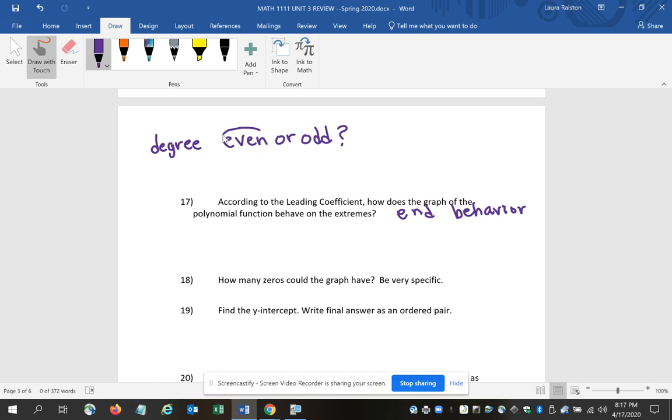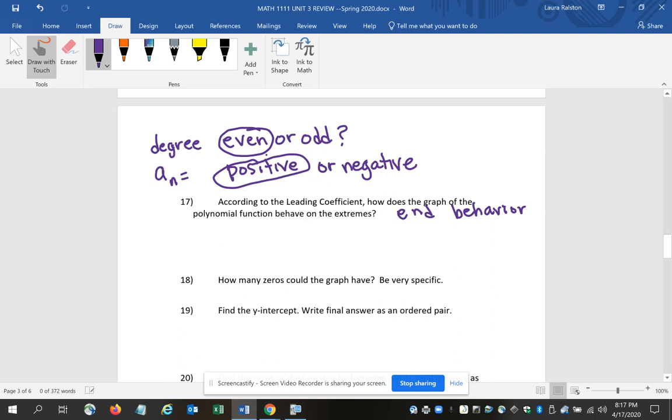For us, it was 4, so it's even. I know when it's even that both ends are going to do the same thing. They're either both going to go up or both going to go down. I also have to consider the leading coefficient and whether it is positive or negative. And in this case, it is positive.